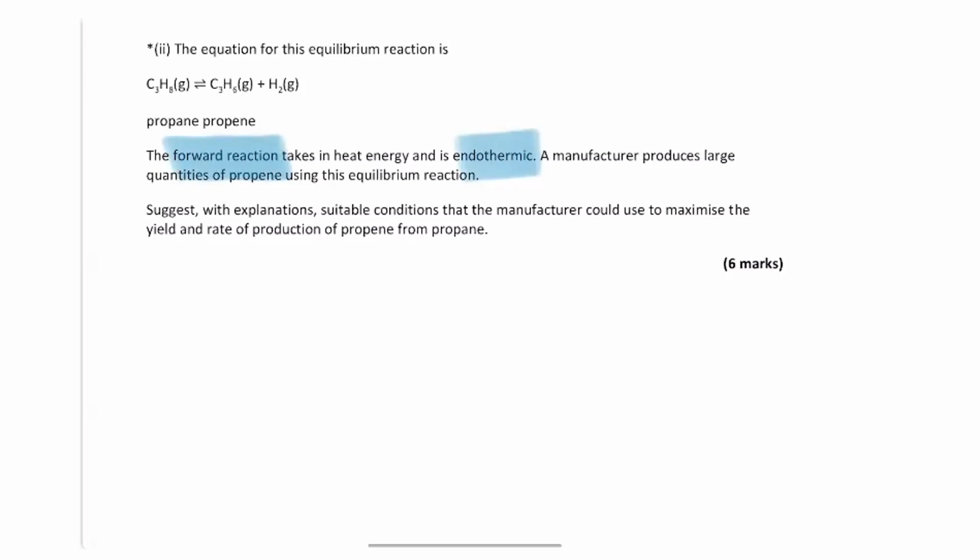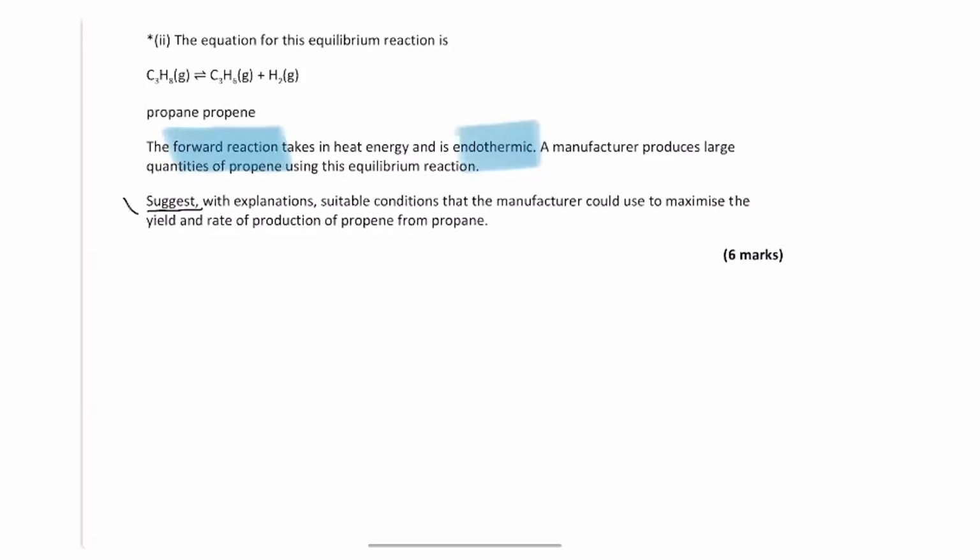So whenever we have suggest as our command word, it's going to be taking something that you learned in class, an example you've learned in class, and putting it into a slightly new situation. So even if you haven't seen this equilibrium reaction before, it wants you to use your common sense to suggest what sort of reaction conditions are needed.